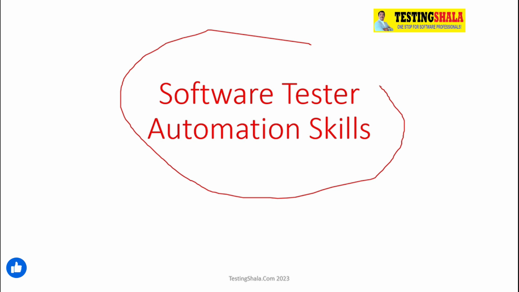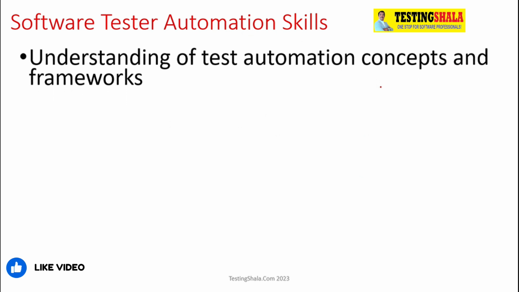The first thing we should have is a better understanding of all the basic test automation concepts, plus also a better understanding of test automation frameworks. The second one is that at least you should have knowledge in programming languages.